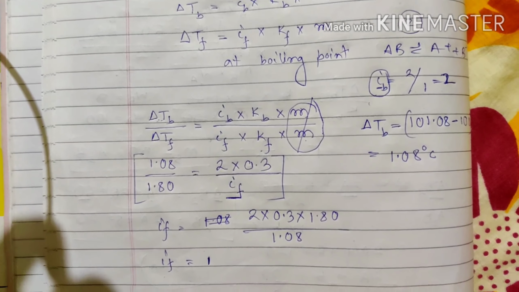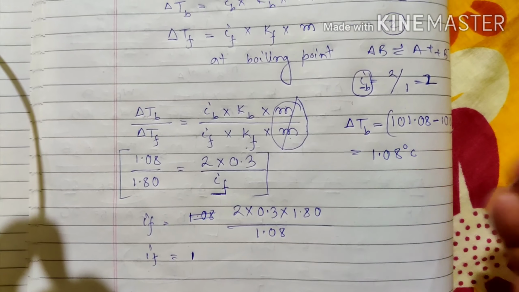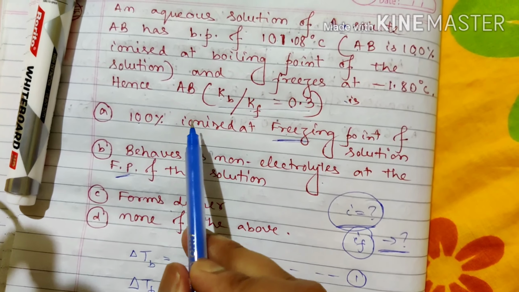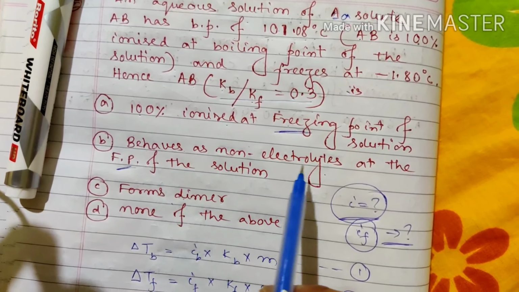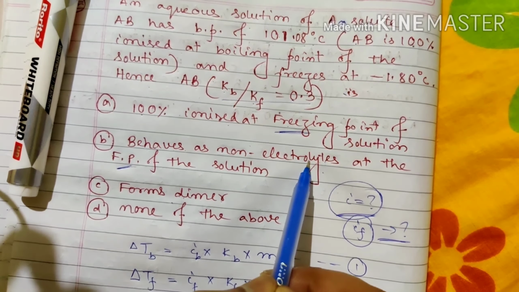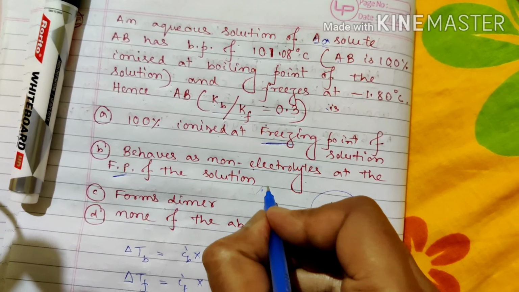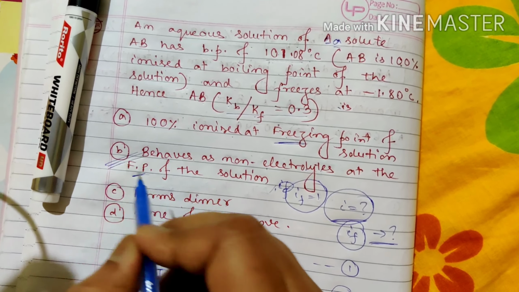The value of IF is equal to 1 means before the dissociation and after the dissociation, the number of particles remains the same. So, is it 100% ionized? No. Behaves as non-electrolytes? Yes, because if it is non-electrolyte at the freezing point, then only the value of IF can be equal to 1. So this is the correct answer.